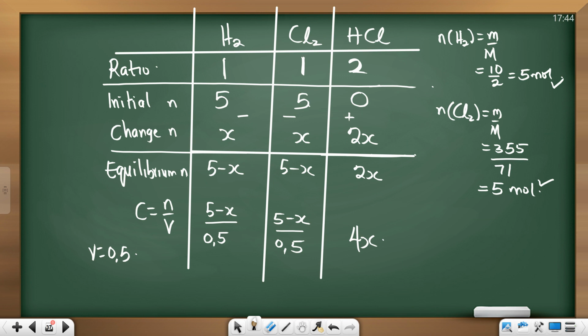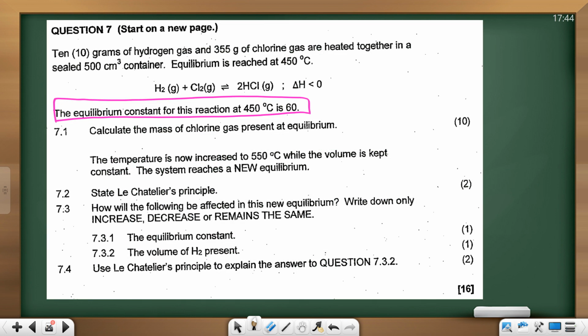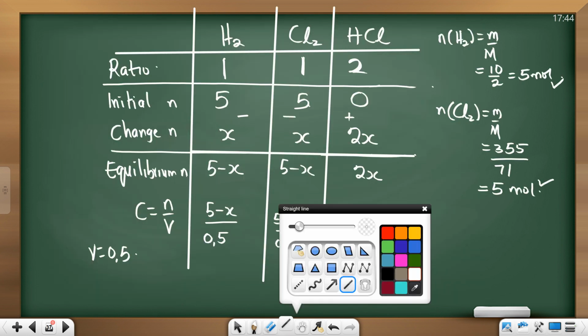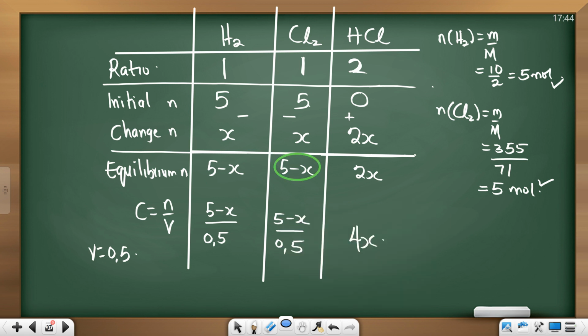At equilibrium we have 5 subtract x. Let me go back to the question. Calculate the mass of chlorine gas present at equilibrium. At equilibrium, 5 minus x.